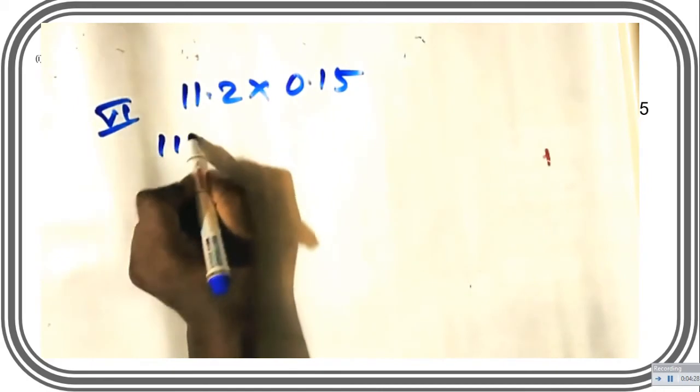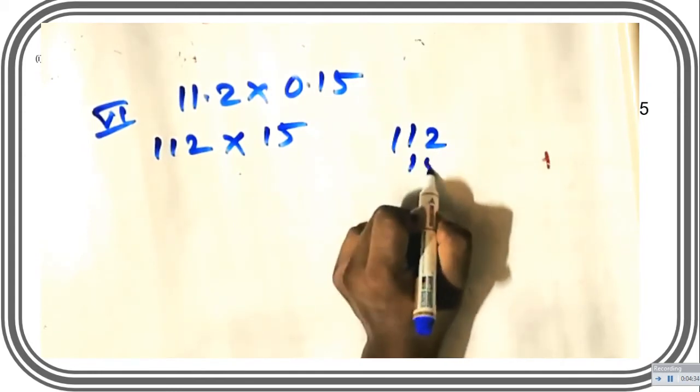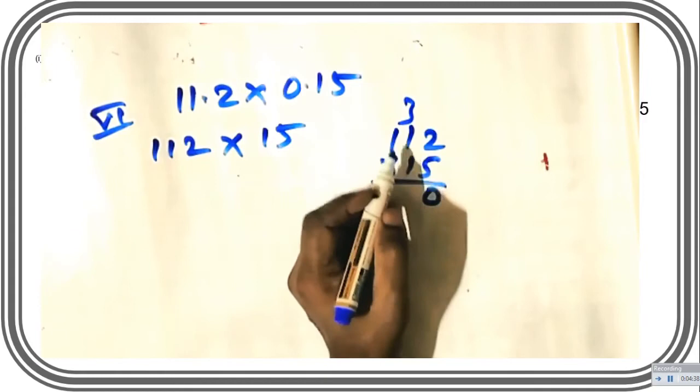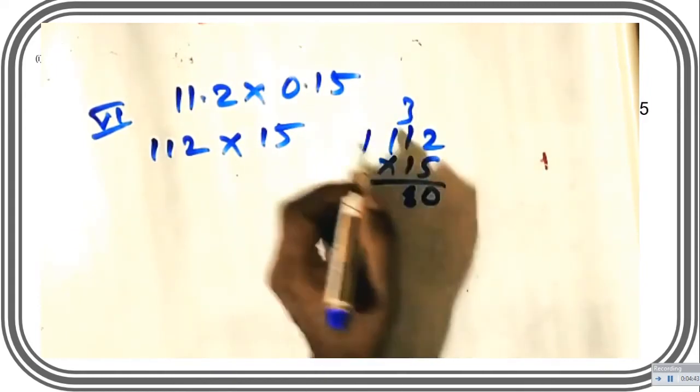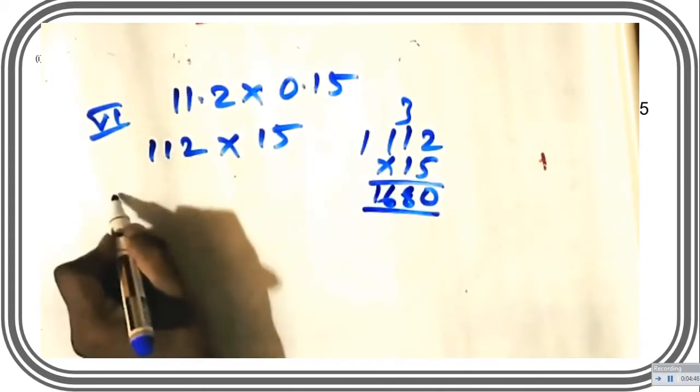Multiply this 112 and 15. What do you get after doing the multiplication? 15 times 2 is 30, 3 carry, 15 is 15, 16, 17, 18, 1 carry, 15 times 1 is 15 and 1 is 16. So 1680.